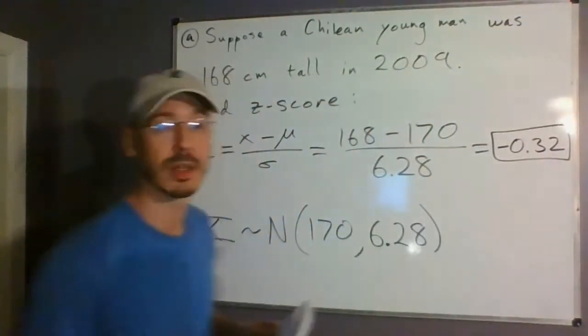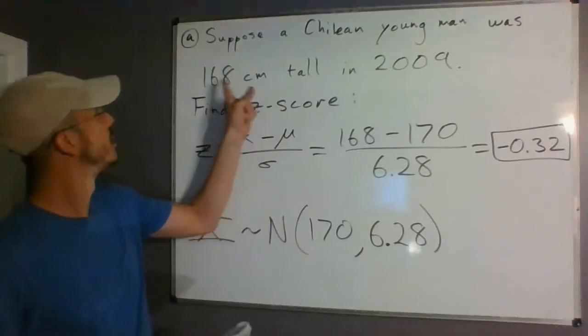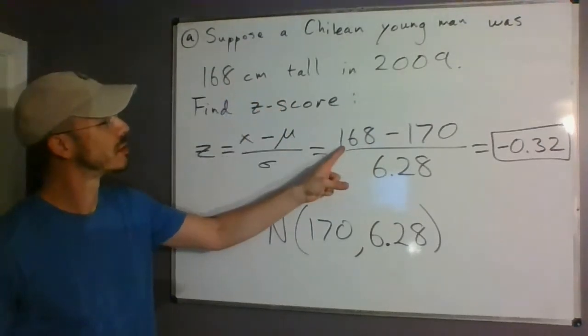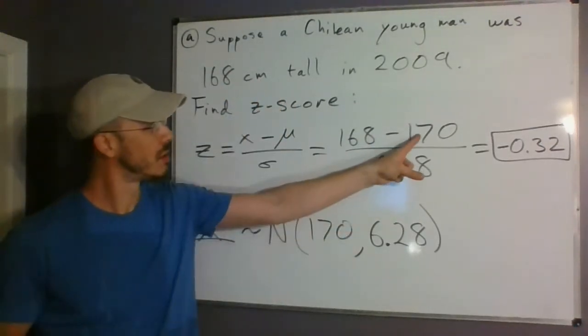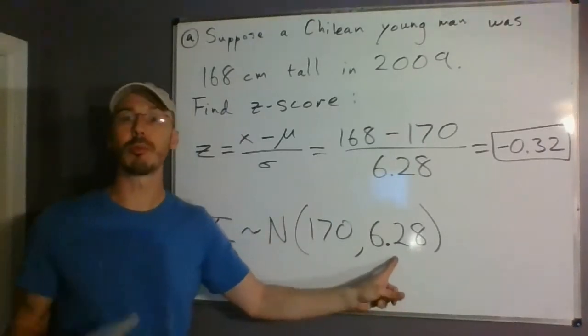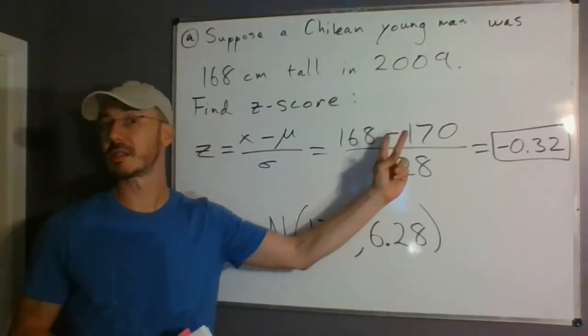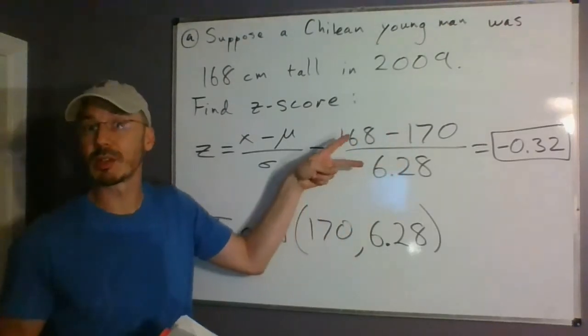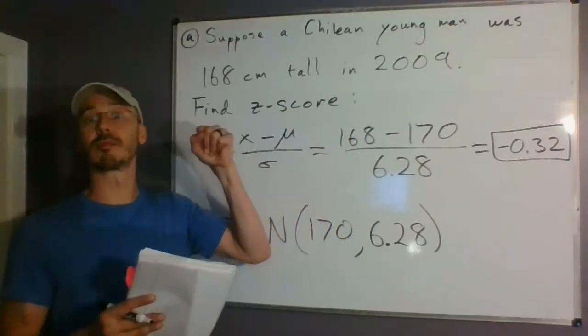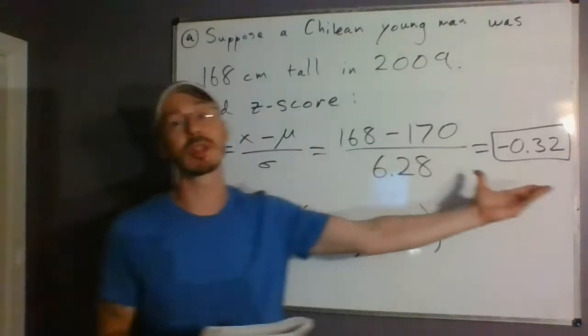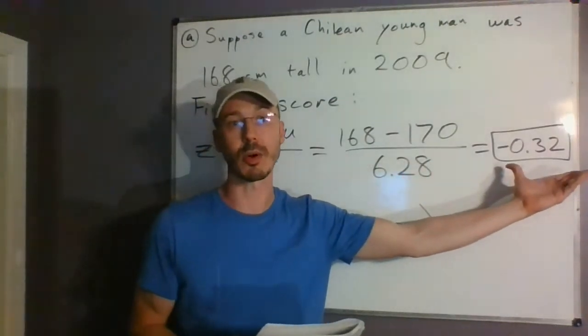No units. The height, the mean, and the standard deviation are all measured in centimeters. But centimeters minus centimeters is centimeters, and then centimeters divided by centimeters, they cancel. There's no units for the z number, or for the z-score.